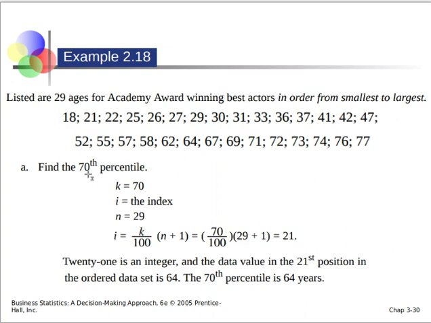That means 30% could be older than him or her, and at the same time 70% of the other Academy Award winners are younger than this guy.